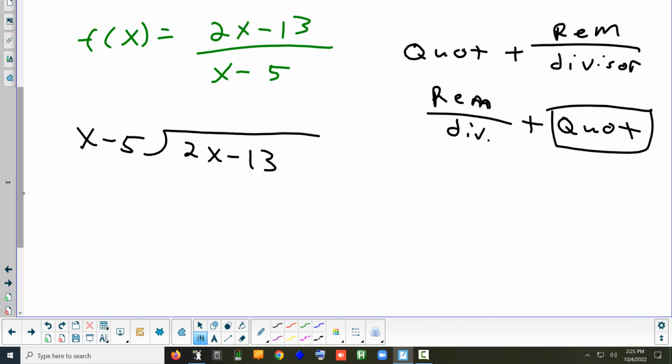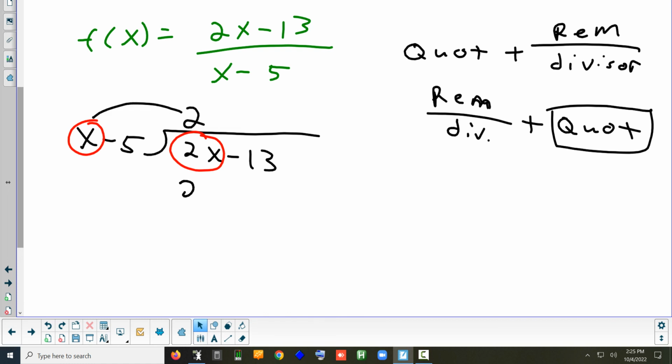All right, so let's divide it out. Divide x into 2x. What's 2x divided by x? Yep. 2. That's basically all I need. But let's finish it off. 2 times x. 2 times negative 5 is negative 10. What do I do with those columns? Subtract them.